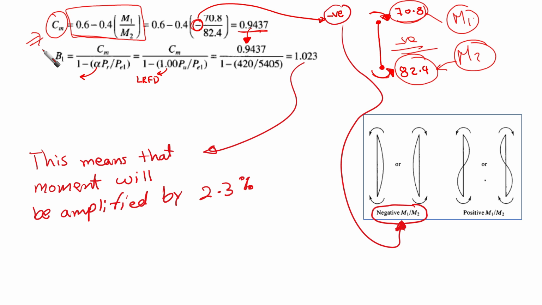What is the meaning of 0.9 for something? It means that B1, the amplification factor, is going to be reduced by 10% or 6% or something, which is the difference between 0.94 and 1.